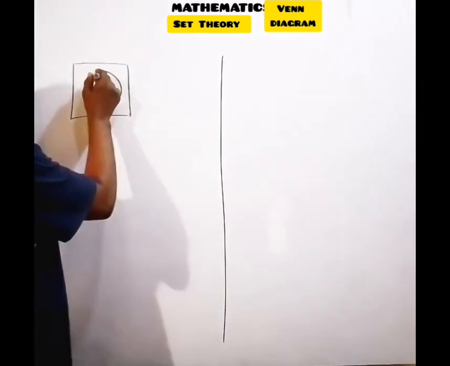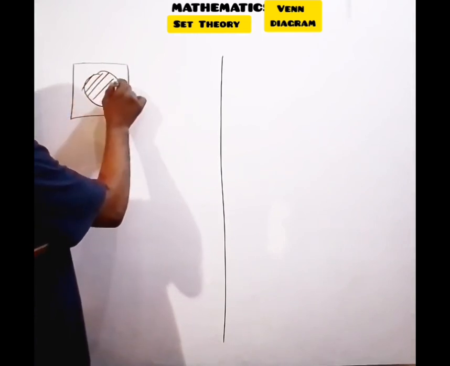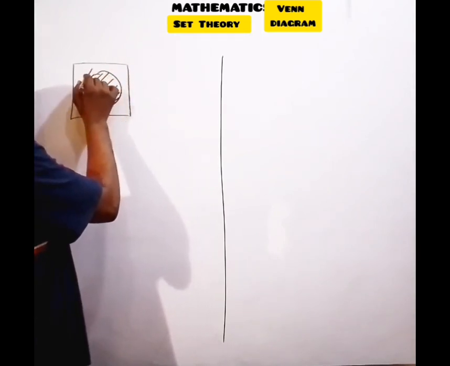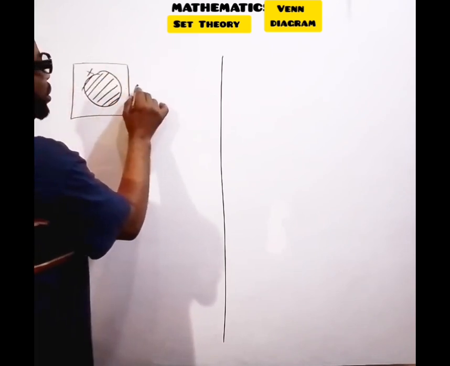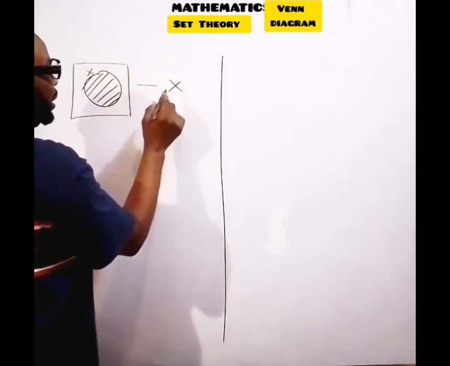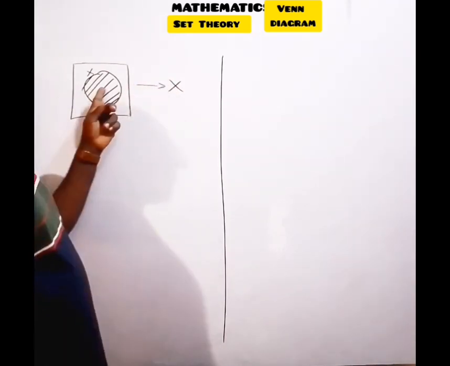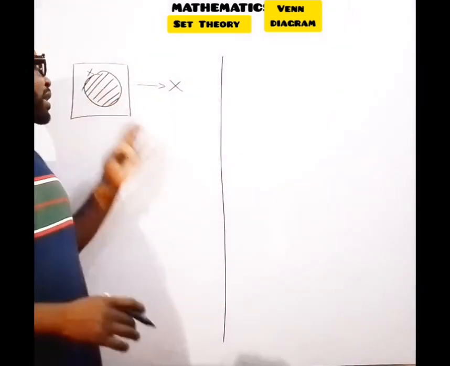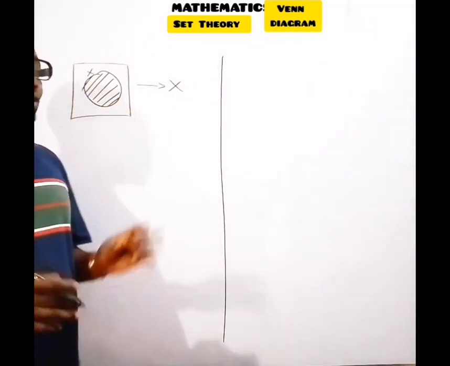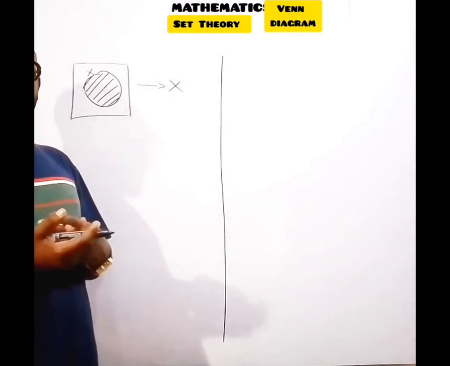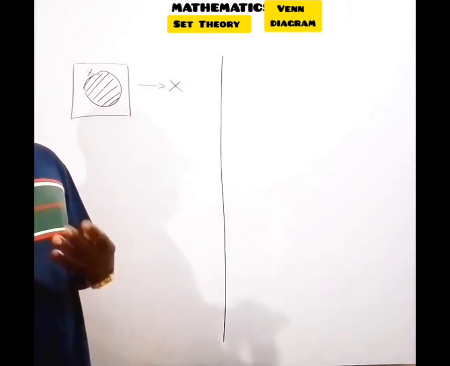If all this place is shaded, and this is set X, the shaded portion here is called X. That is, the set is the one that is being shown to us. Whatever elements are inside here are the ones we are asking the question about.